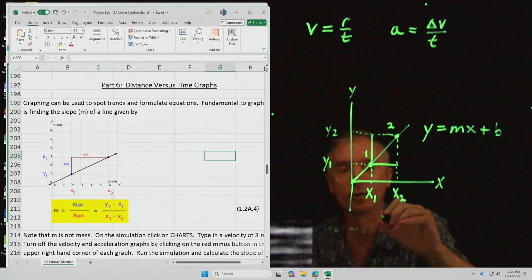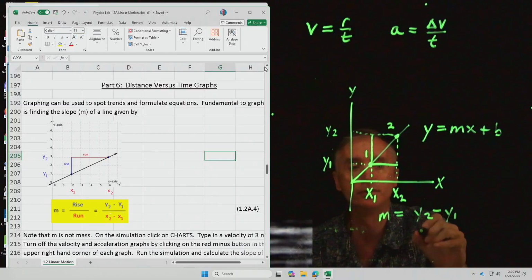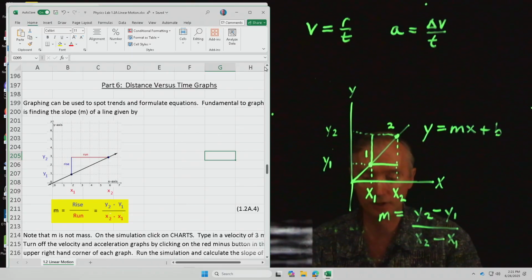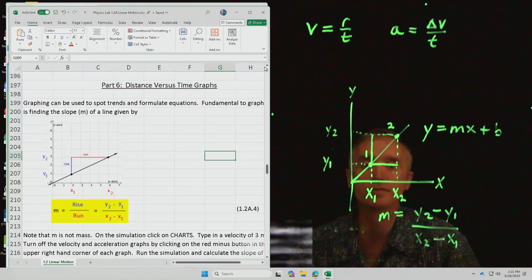So notice our formula is going to be m for the slope is equal to y2 minus y1, divided by x2 minus x1. Be very, very careful. Do you see that in this first column are the 2's, and in the second column are the 1's.